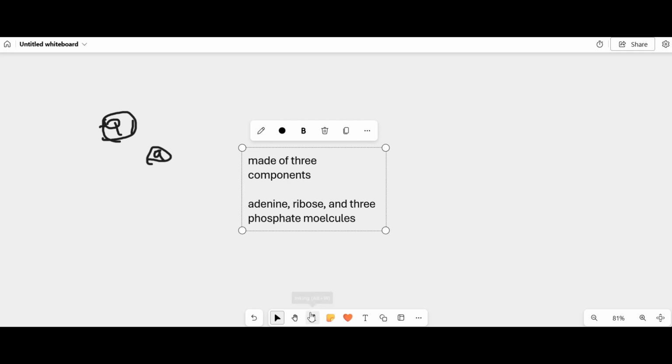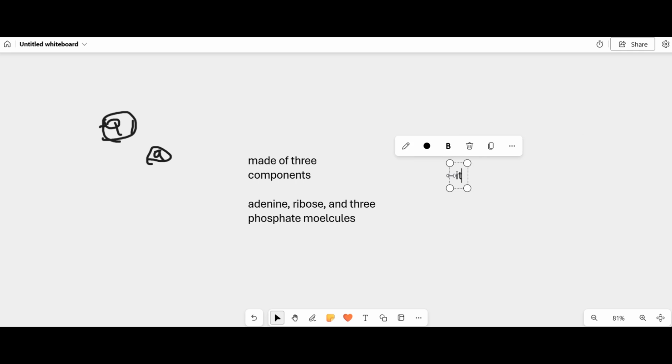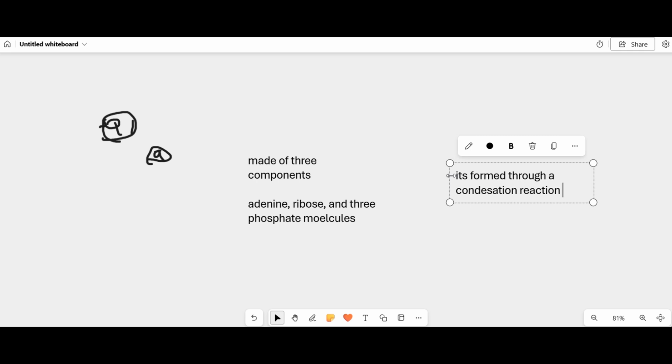Alright, calm. You've got to talk about how it gets made. So it's formed through a condensation reaction, catalyzed by ATP synthase. So ATP synthase is the one that's making that. Alright, calm.